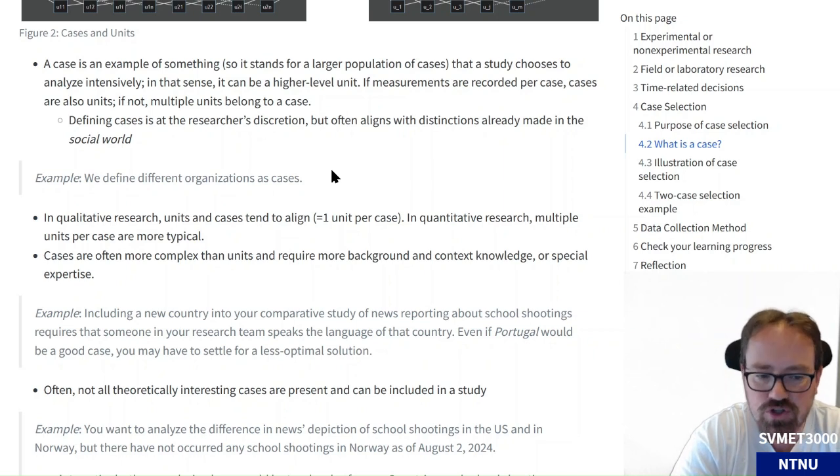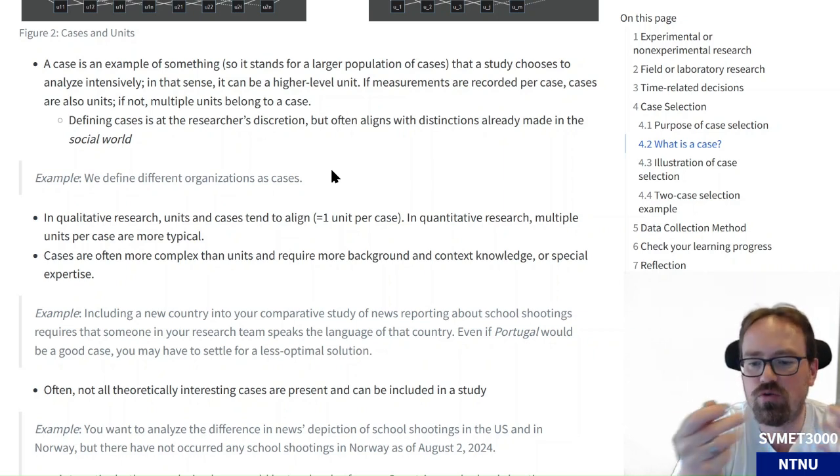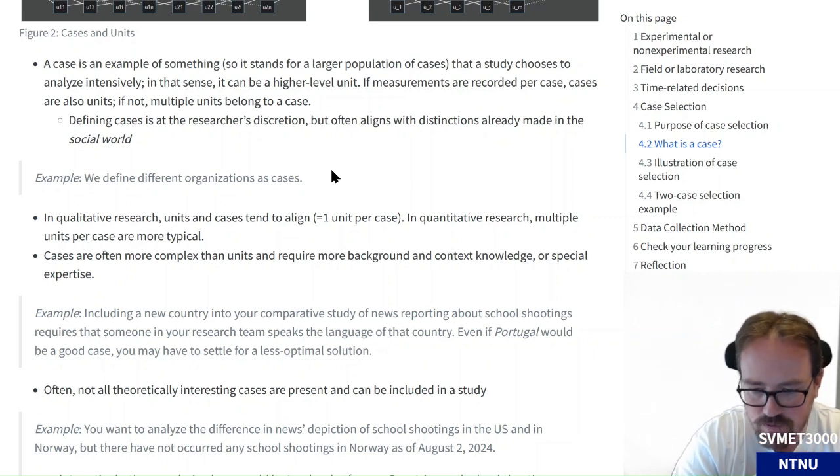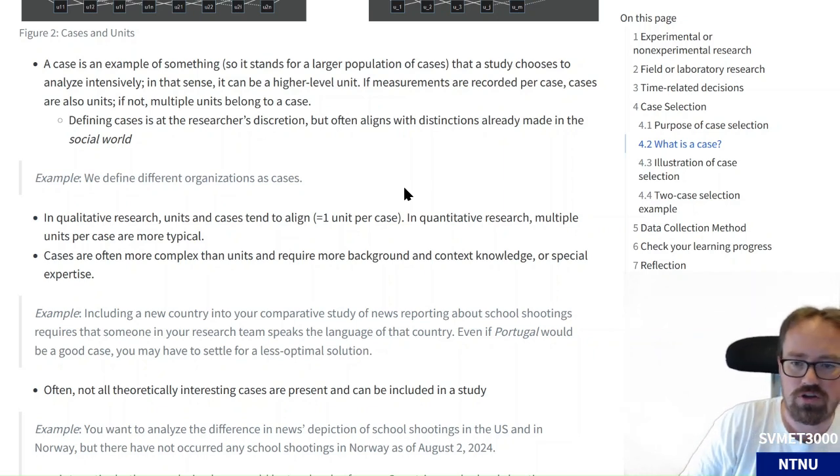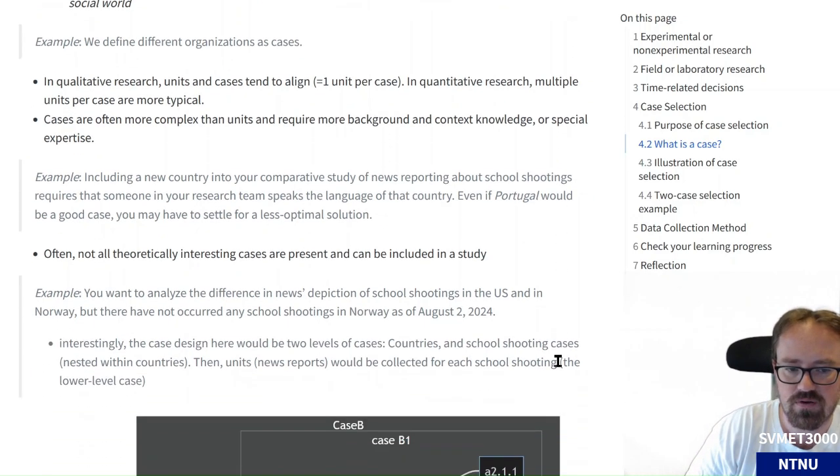So even if Portugal would be a good case, you may have to settle with a less optimal solution if there's nobody with a Portuguese background, and even someone from Brazil with good command of the Portuguese language may lack the cultural background knowledge to include Portugal as a case, or to keep it comparable with the other cases where you have the background knowledge.